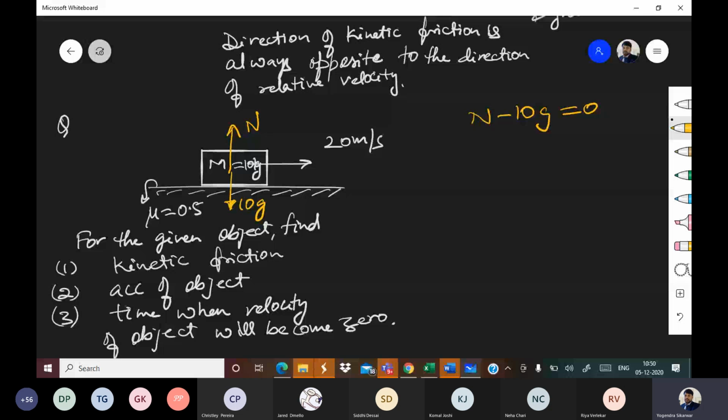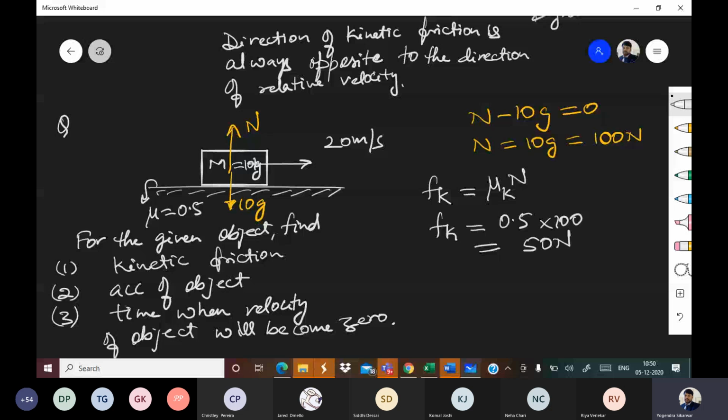N comes out to be 10g, or 100 Newton. So Fk will be mu k N, 0.5 into 100, which comes out to be 50 Newton.